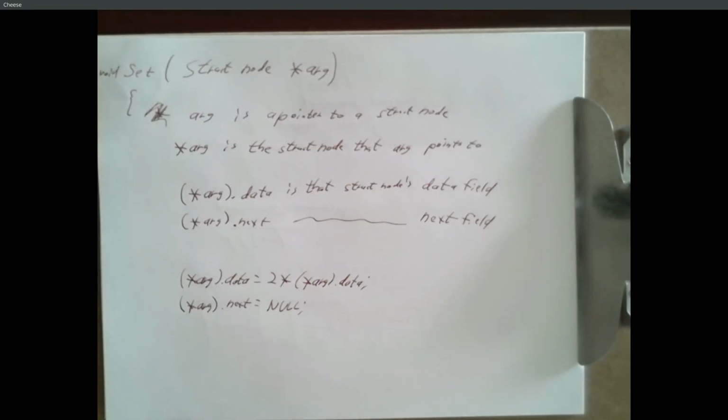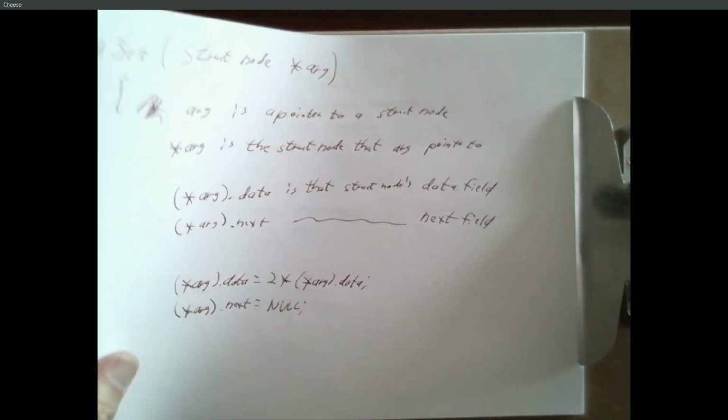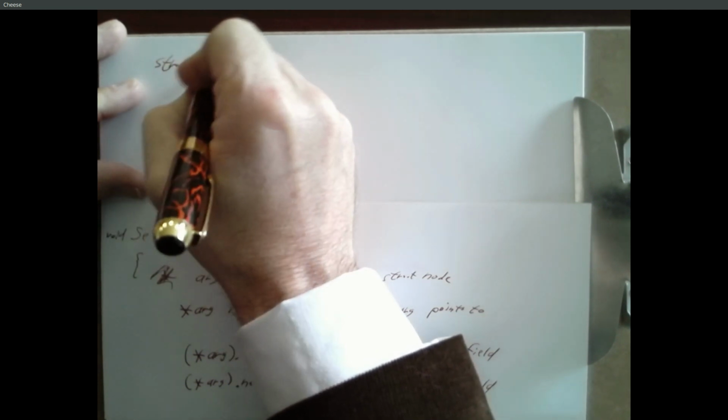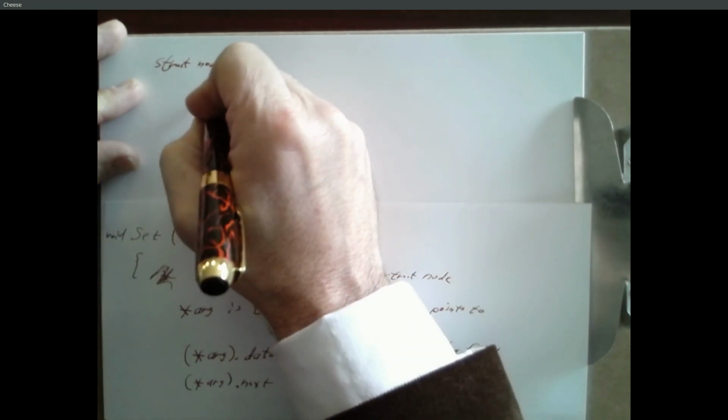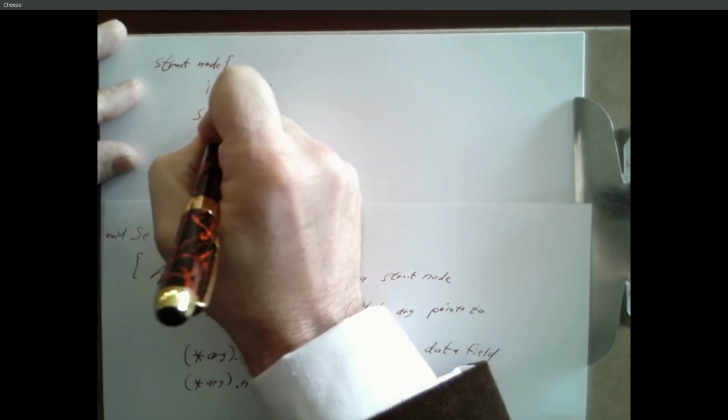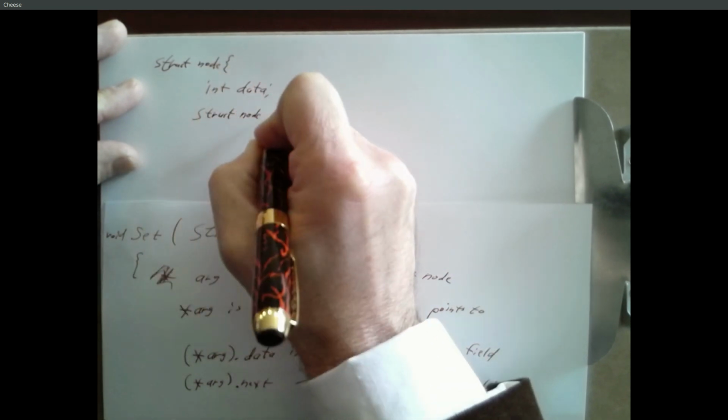All right, so let me give you the fancy shorthand. So struct node has an integer data and a struct node star next.